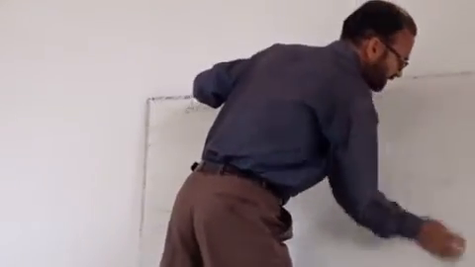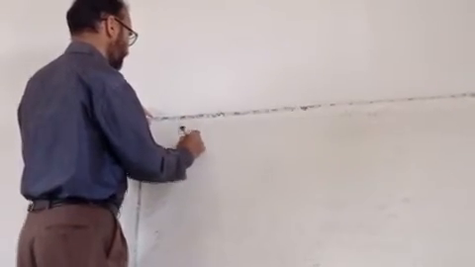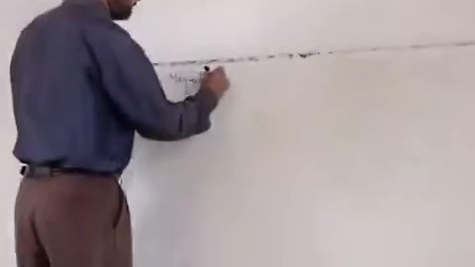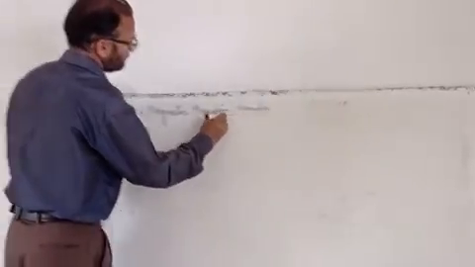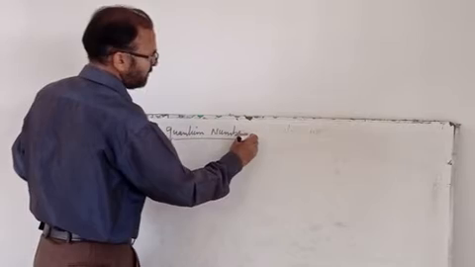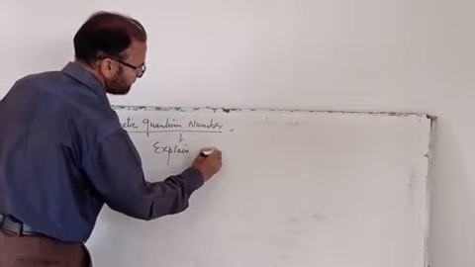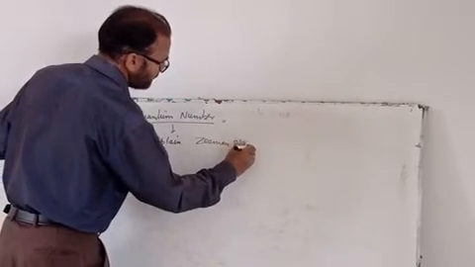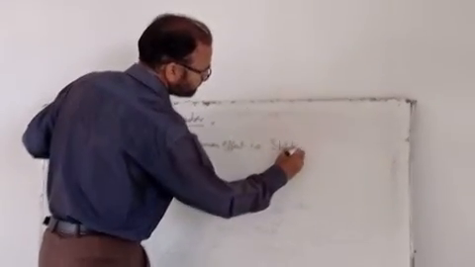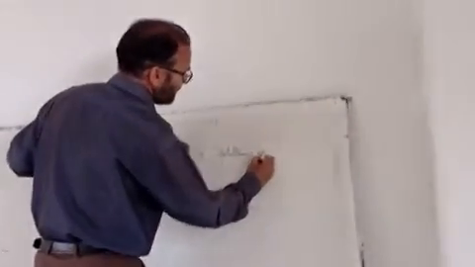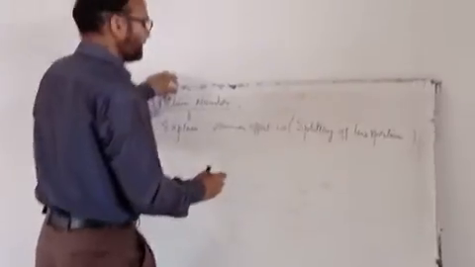The next quantum number is called the magnetic quantum number. This quantum number was given to explain the Zeeman effect, that is the splitting of the line spectrum and the fine lines under the influence of the magnetic field.